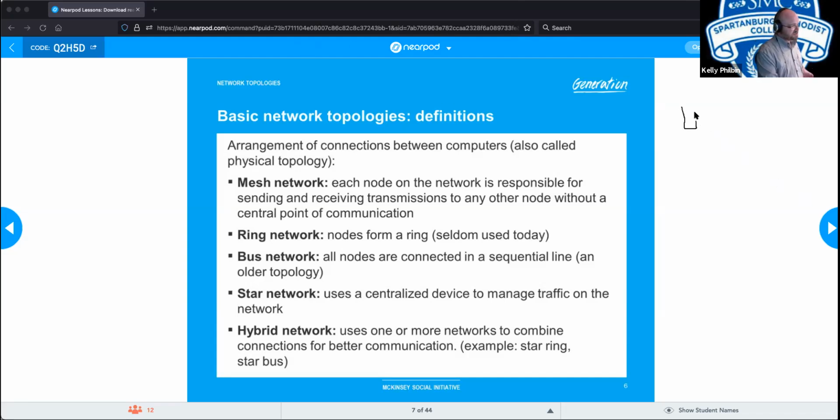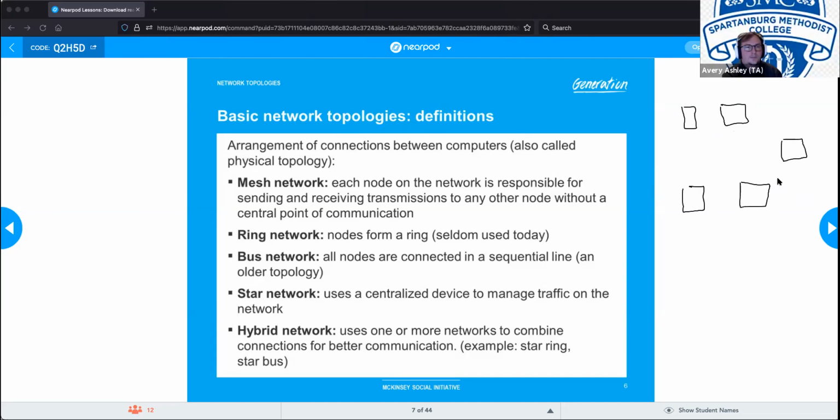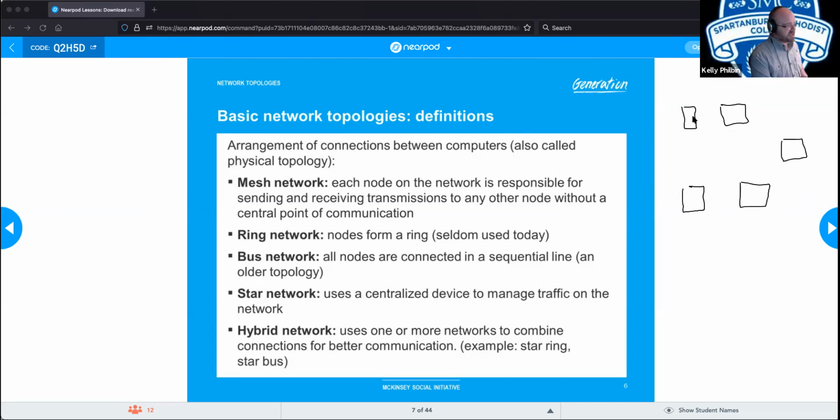Say each of these squares, we'll pretend they're square, represents a computer. So how a mesh network works is each computer, so each of these is a computer, each computer is connected to every other computer.